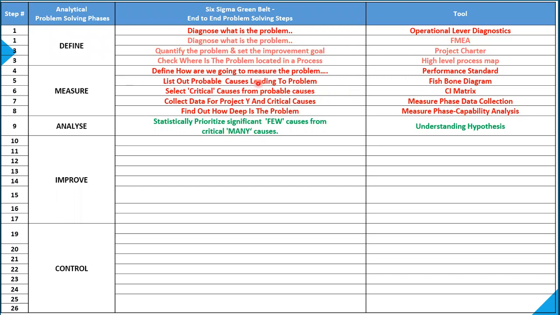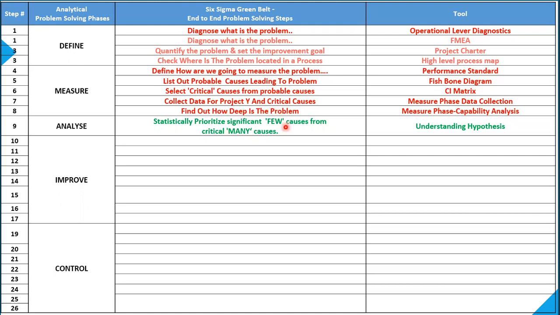So this is finding the critical causes out of the list of probable causes. Once we found critical causes and project Y, we collected the data for critical causes and project Y. Then we went ahead to find out how critical a given problem is with the help of capability analysis.